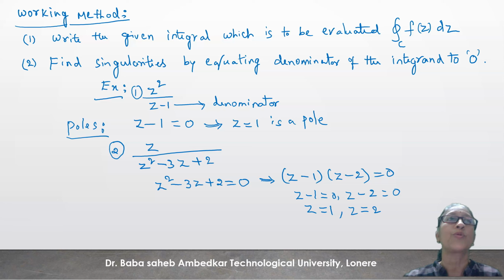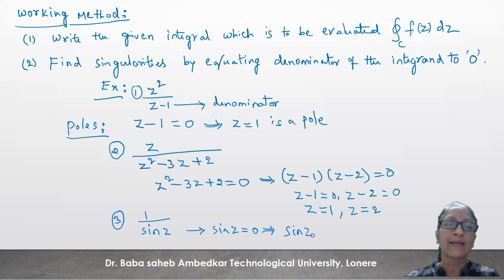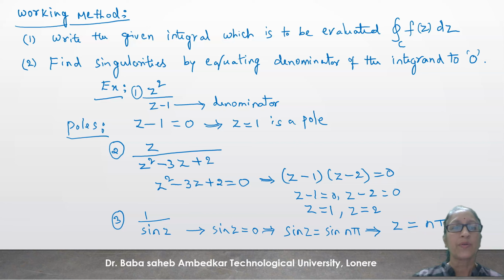And if you see one more example, 1 by sin z, then if you equate sin z to 0, sin z equal to sin n pi, that implies z equal to n pi. This may be plus or minus pi, plus or minus 2 pi, plus or minus 3 pi, and so on. In this manner, we can find singularities.